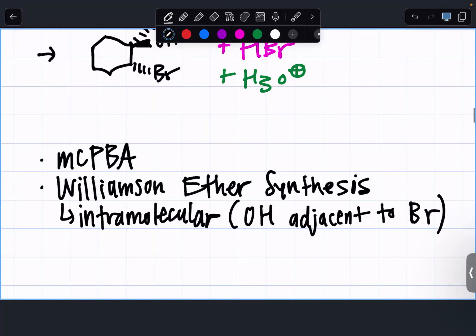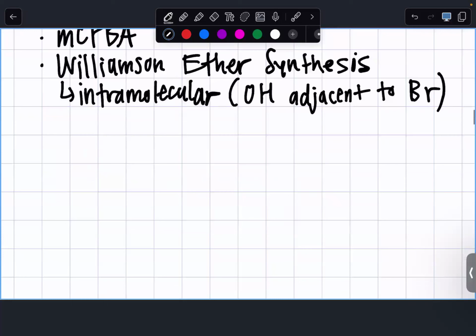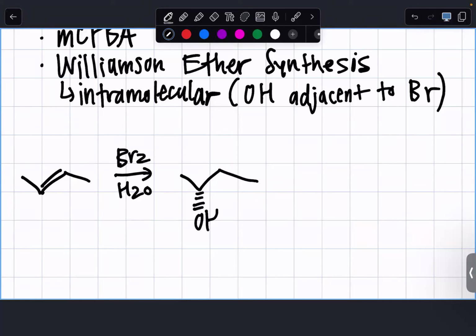Right? So let's say that we had this alkene here, and we put that through Br2 and water. We know that this will be an anti-addition where one carbon of the alkene has the OH, the other carbon of the alkene has the Br, and they are on opposite sides of each other, right?